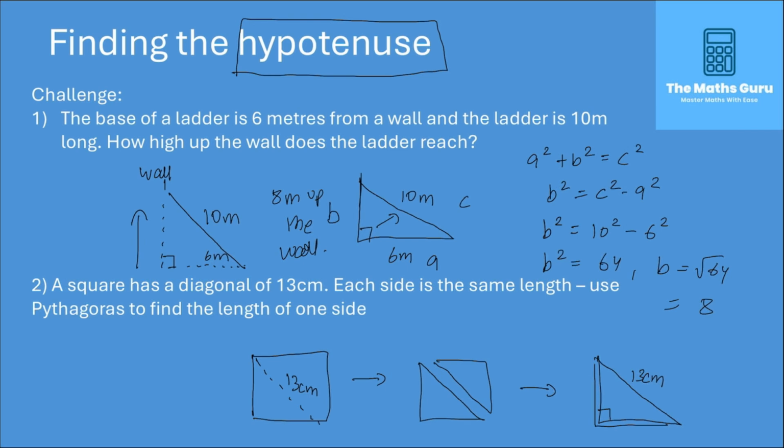So we can just call this A, and because they're equivalent, we can call this one A also. Hence, we can go into an equation and say A squared, where we would have used A squared plus B squared, we just put A squared plus A squared now, because B squared is going to be our A squared, is equal to our C squared, which is 13 squared.